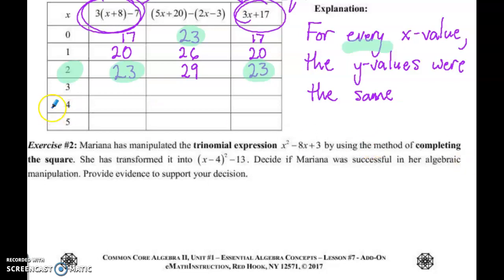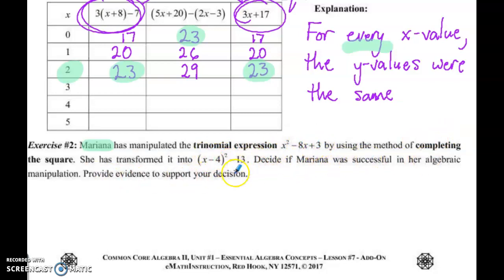So let's look at exercise 2. And instead of showing you this method of completing the square, how about this? They're saying that Mariana went ahead and completed the square and got this. Decide if she was correct or not.